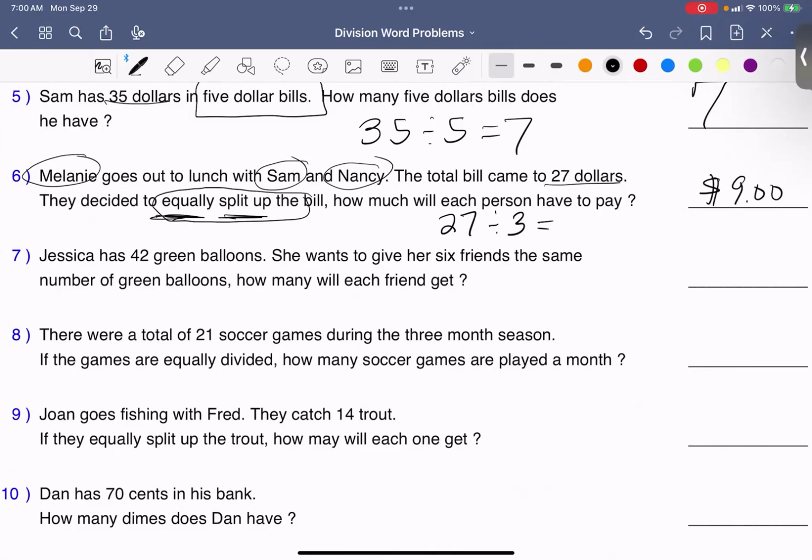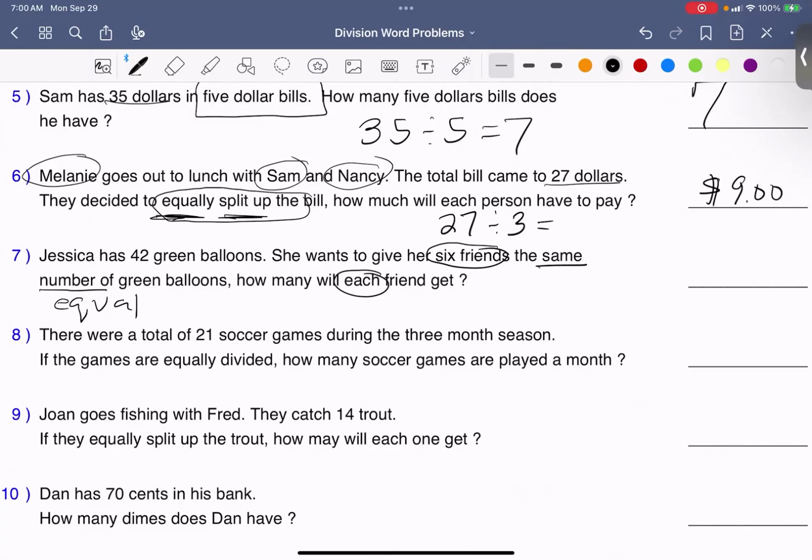Let's do one more. Jessica has 42 green balloons. She wants to give her 6 friends the same number of green balloons. So I'm seeing her 6 friends, the same number. That's telling me equal amount. How many will each friend get?